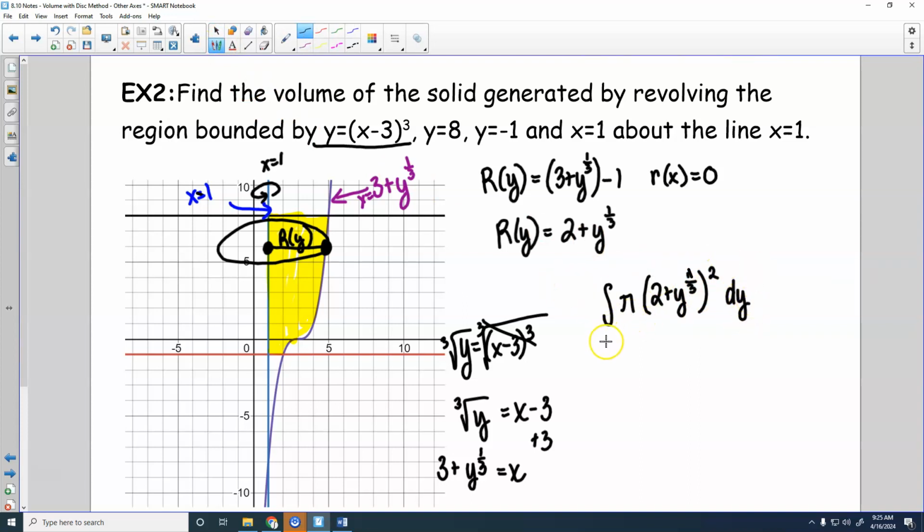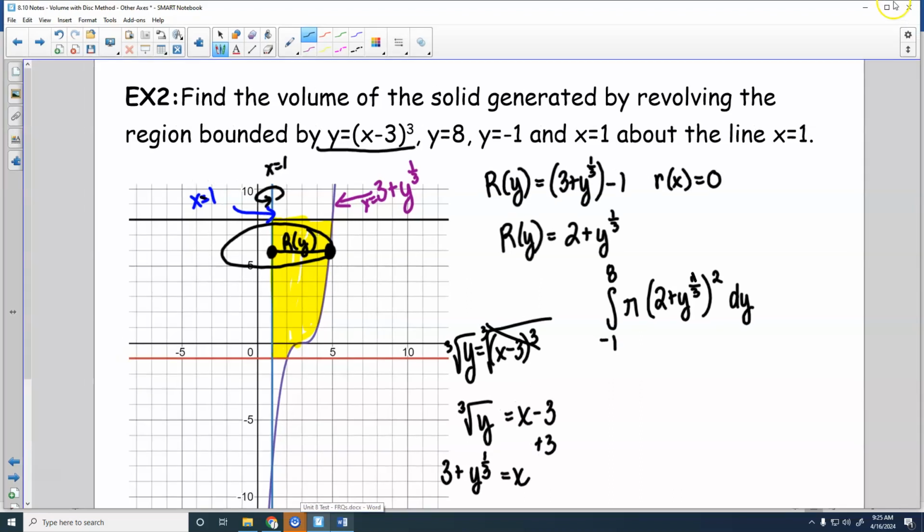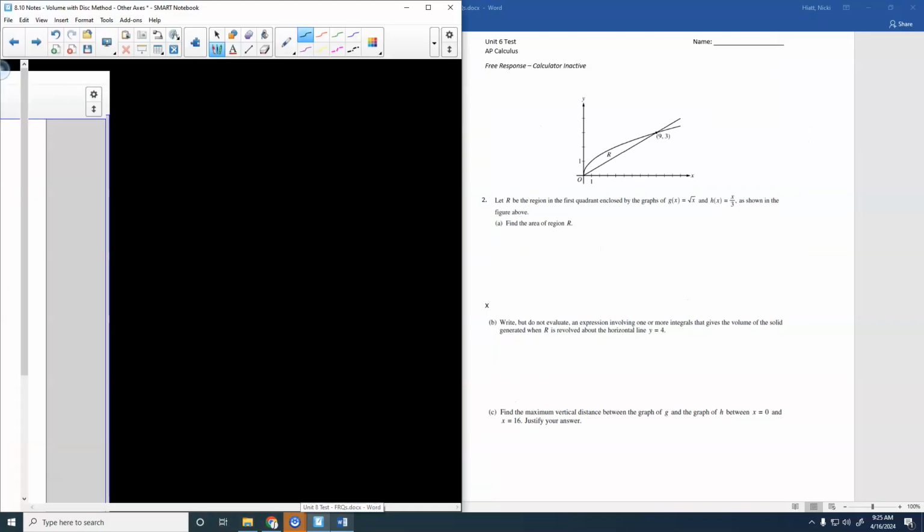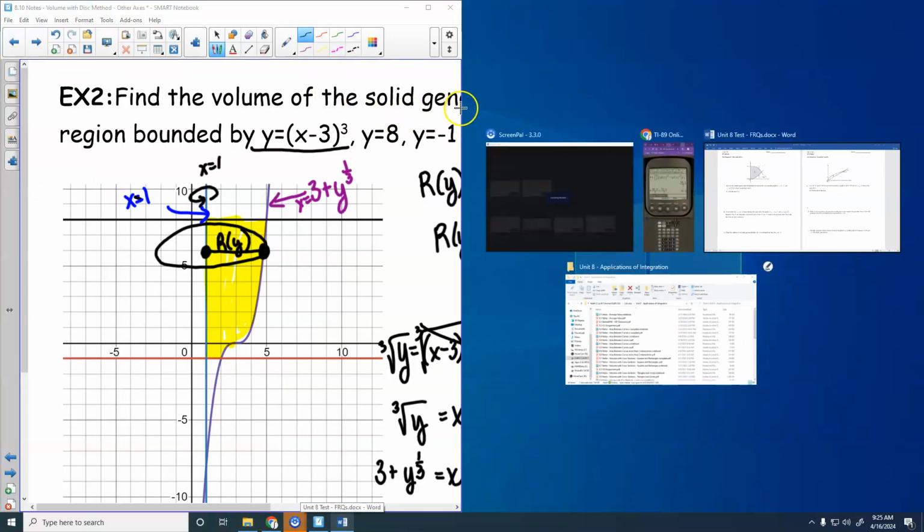What are our limits? -1 to 8. Looking at our y-axis, the lowest we go is -1. The highest we go up here is 8. And we're going to use our calculator for this because we just do not have time to do all of this by hand.